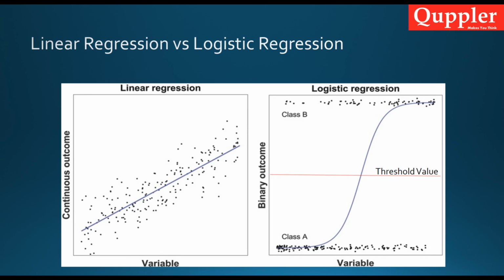But in case of logistic regression, the outcome, as we said, is always a binary outcome, that would be the discrete value 0 or 1.